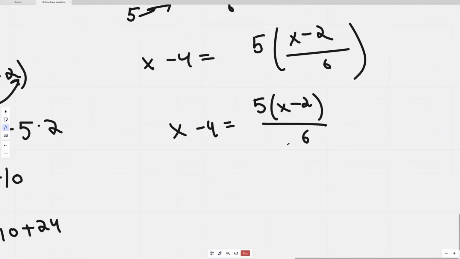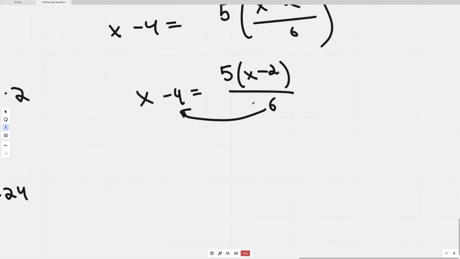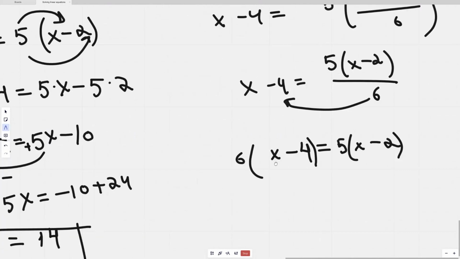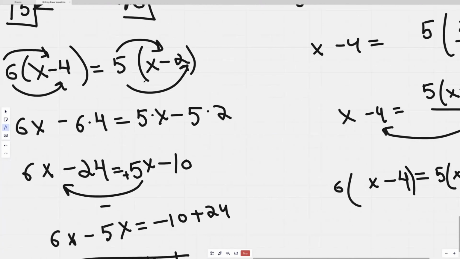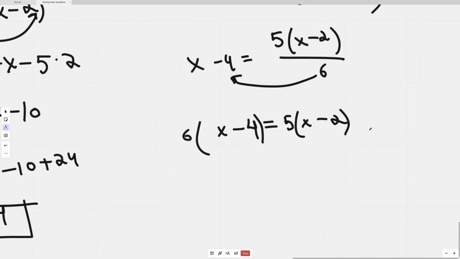Then another thing we have to do is multiply the 6 to the left hand side, because it is dividing and we are moving it from one side to the other. So 6 multiplied by x minus 4 is equal to 5 times x minus 2. It's the same as I showed you with the previous one. So this was just a proof of it.